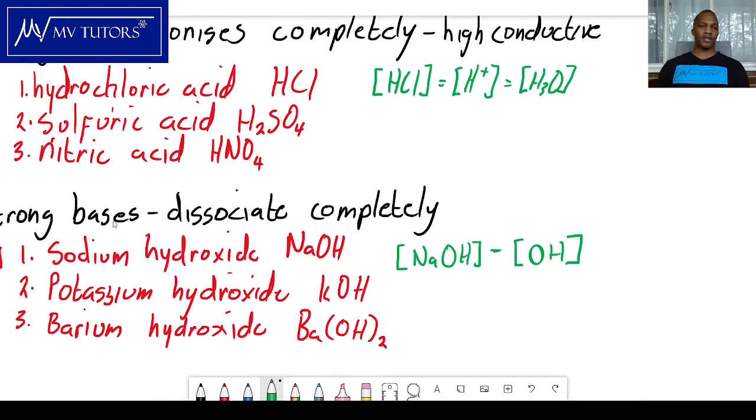That's why it's strong, because it dissociates completely, so it's always going to be 1:1.